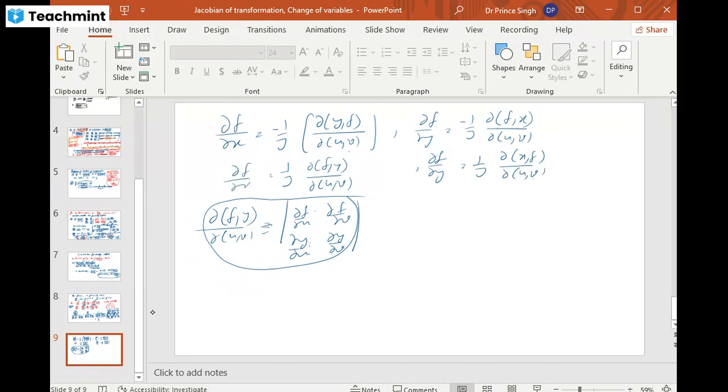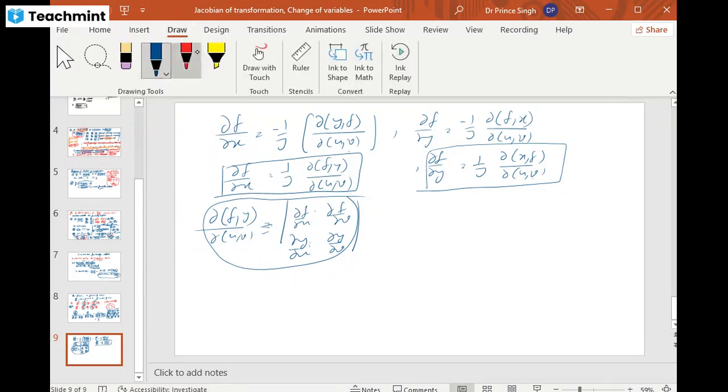So now this is the formula if we transform xy into uv. So how do we calculate ∂f/∂x in terms of u and v? It is easy to remember this formula. So what can we do? For example, I want to find out ∂f/∂x, right? So what is J? J is the Jacobian of xy with respect to uv, right?